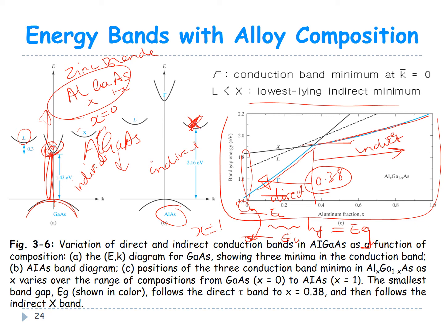You get light being emitted as the electrons fall from the conduction band minimum to the valence band maximum. So that way you can actually tune now the amount of light or the color of light that you want. You can actually tune by controlling the fraction of your aluminium, as you can see from this graph here.